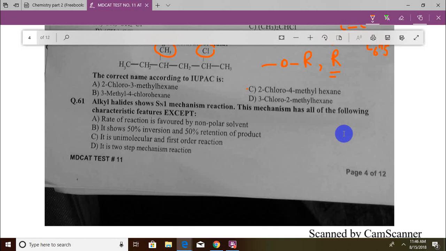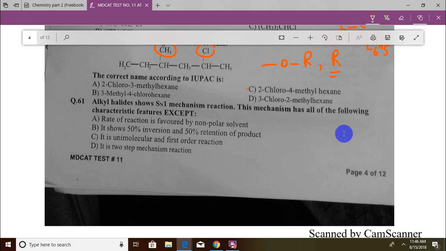So if it attacks from the same side that the leaving group left, there will be retention, and if it attacks and attaches to the opposite side, there will be inversion. So 50% inversion and 50% retention, absolutely correct. Now if this was SN2, because it can only attack from the opposite side, there will always be inversion. So 100% inversion in SN2.